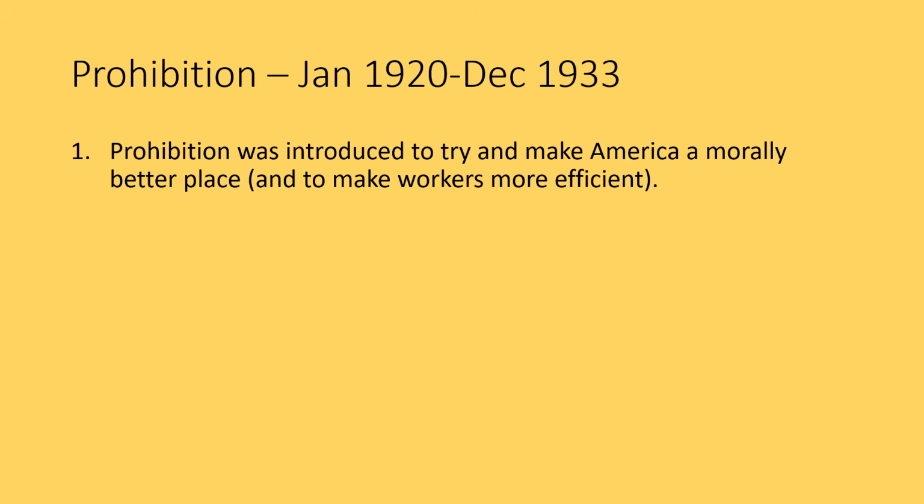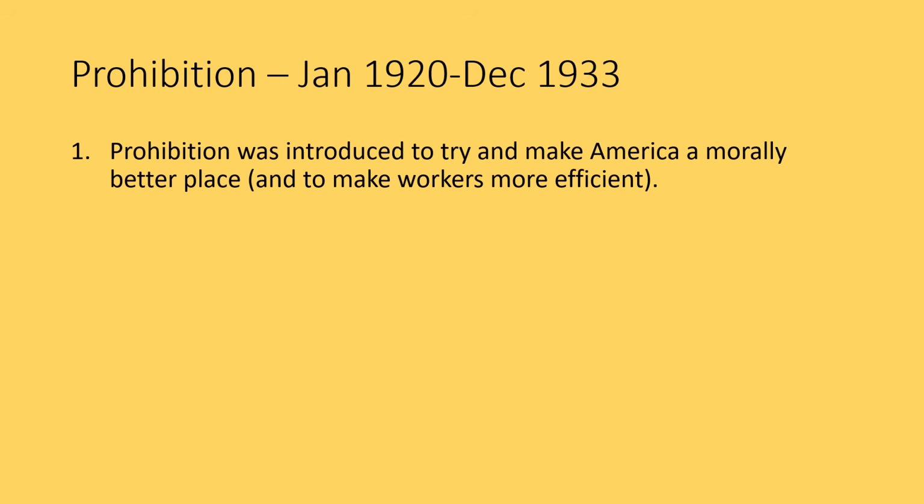So Prohibition was introduced to try and make America a morally better place. The temperance movement, which you may well have come across, was a religious idea that alcohol was making America a morally corrupt society, and that if alcohol was banned, then America would become a better place. You may also have come across the Anti-Saloon League, which produced loads of propaganda demonstrating how selfish alcohol purchasing was, especially by men.